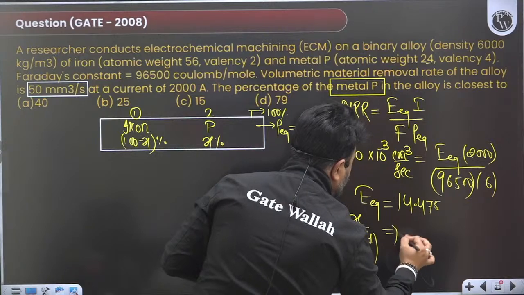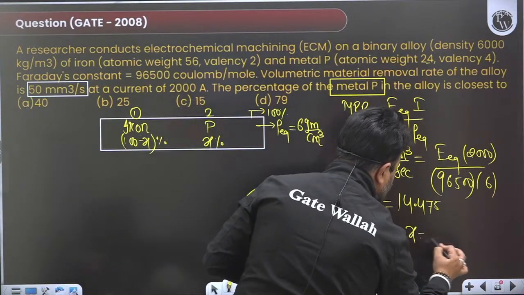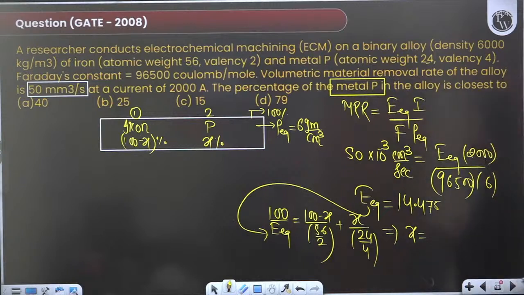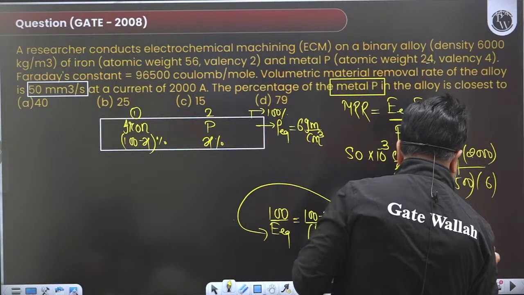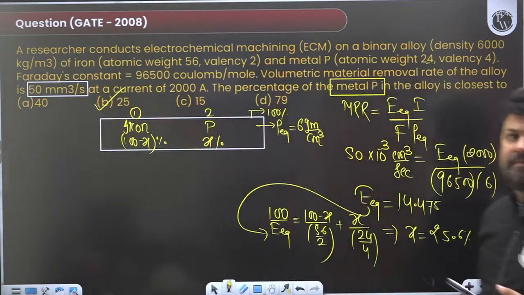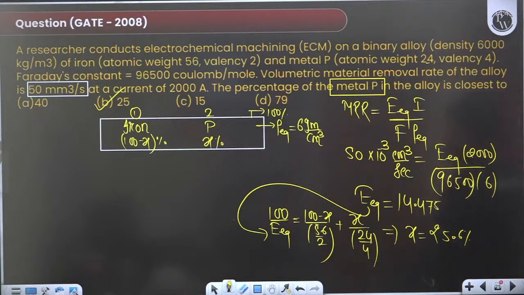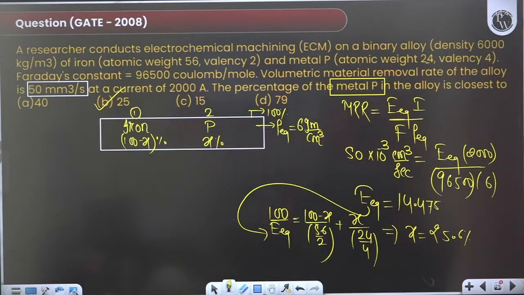Now we know the value of E. Put here, you will get X, that is 25.6%. So nearby option is B. Clear?